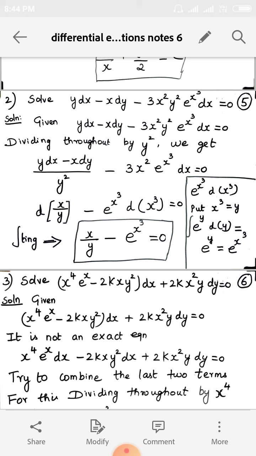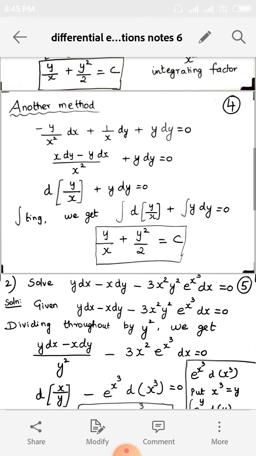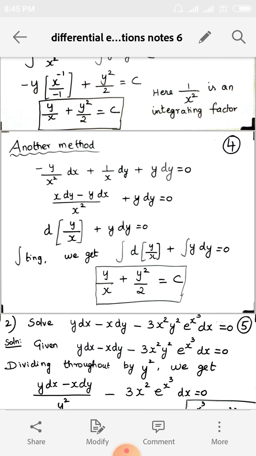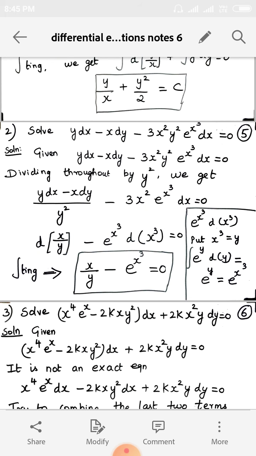See, the first term is nothing but the quotient formula. But here the denominator contains y square, so you have to write differentiation of x by y. See, in the previous sum it contained x dy minus y dx by x square, so you wrote differentiation of y by x. But here it is y dx minus x dy by y square, so you have to write differentiation of x by y.